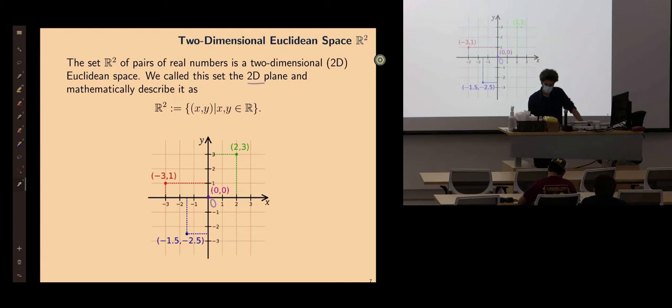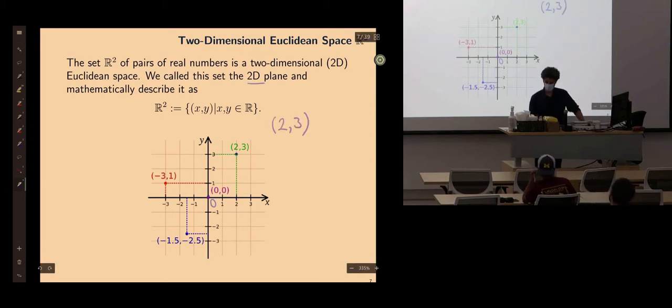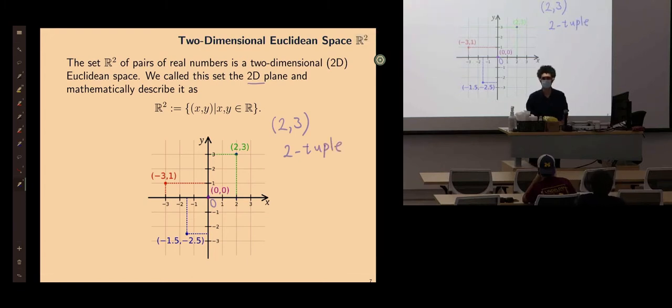And for example, I have a point here which has 2 units along x and 3 units along y. Now this notation, 2 and 3, a mathematical way to give it a name is called tuple. Tuple or tuple also, I think it's a pronunciation.